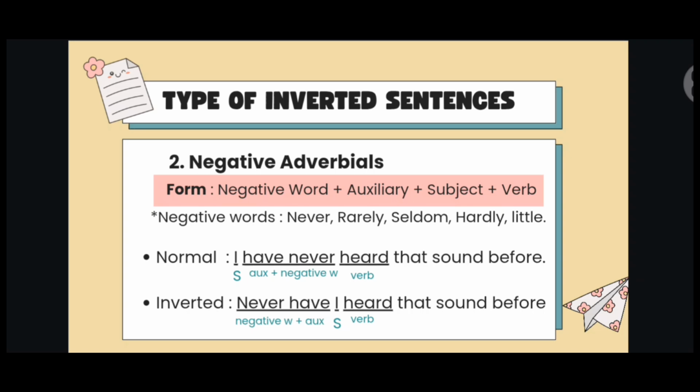I is the subject, have is the auxiliary, never is the negative word, and heard is the verb. It becomes: never, the negative word, have, the auxiliary, I, the subject, heard, the verb. So, never moves in front of the auxiliary and the subject in front of the verb.